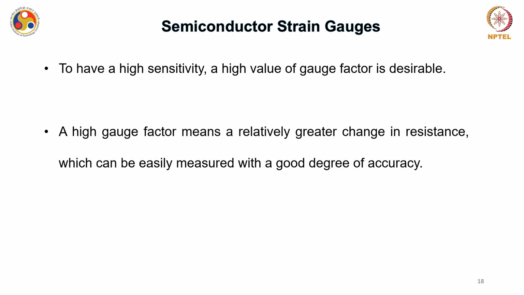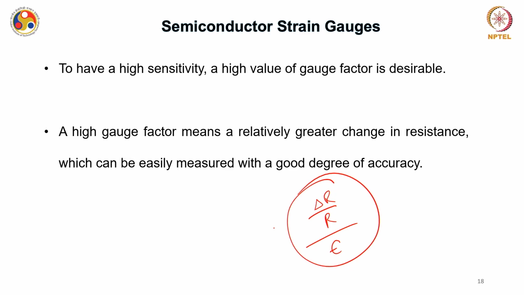Semiconductor strain gauges can provide you higher sensitivity because they have a higher value of gauge factor. A high gauge factor means a relatively greater change in resistance, which can be easily measured with a good degree of accuracy. If you remember the definition of gauge factor, we have seen that delta R by R divided by the strain was the gauge factor.